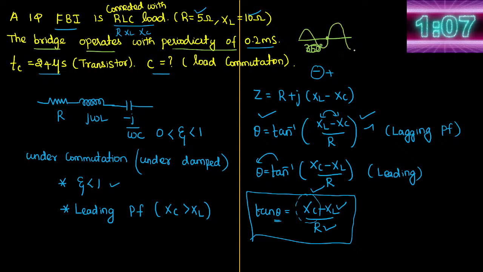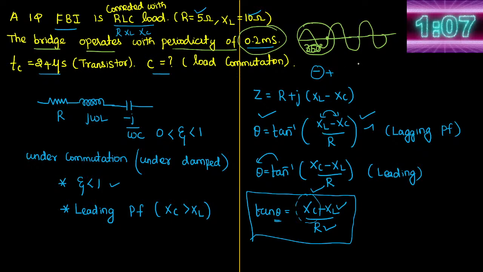After that, your system will repeat the next cycle. The same cycle will be repeated. So that is the fundamental time period of one cycle, and that is called periodicity. The time period of one cycle is 0.2 millisecond. That is the meaning of periodicity of 0.2 millisecond. I have clearly explained what periodicity means in signals and systems. Kindly go through the lectures once.